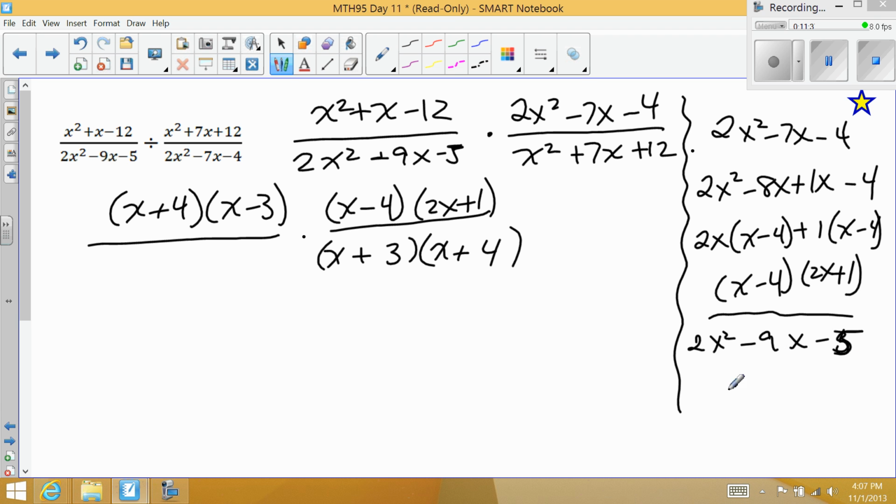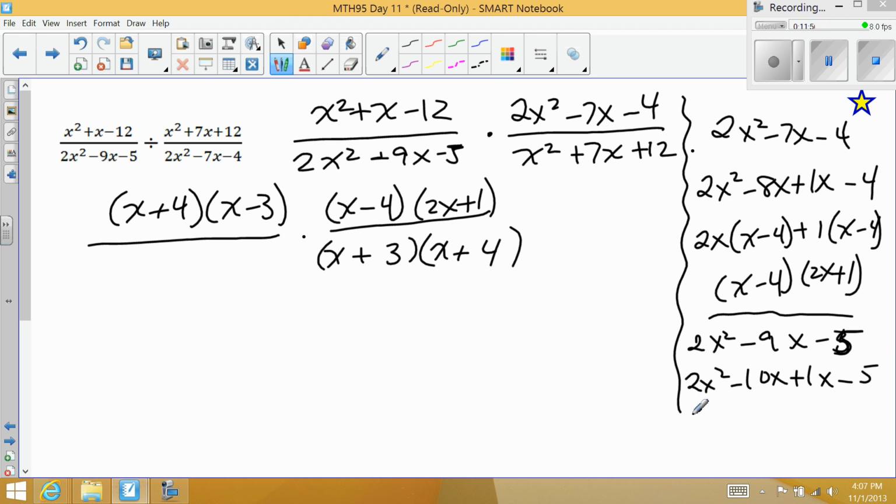Okay. So, when in doubt, go back, check the original problem that you've written it down correctly. Okay, 2 times negative 5 is negative 10. Negative 10, I can make it negative 10x plus 1x, and that matches my negative 9x.